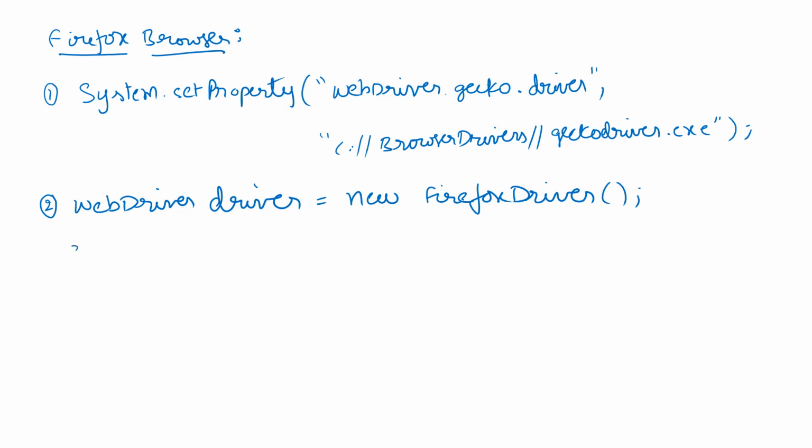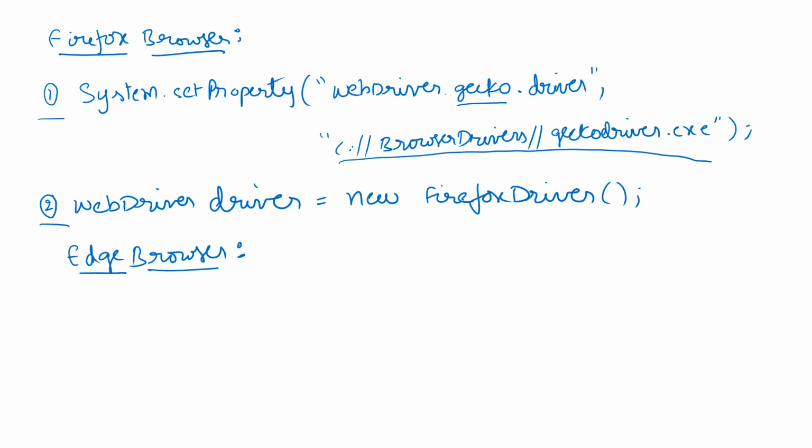Now for running our scripts on Edge browser, we will do the same two steps, but instead of using webdriver.gecko.driver here in the System.setProperty, we will use webdriver.edge.driver, and we will set up the path to MicrosoftWebDriver.exe file.